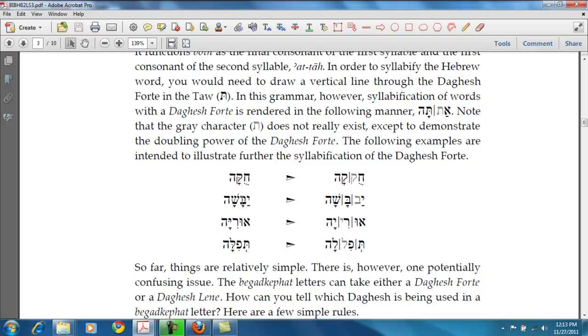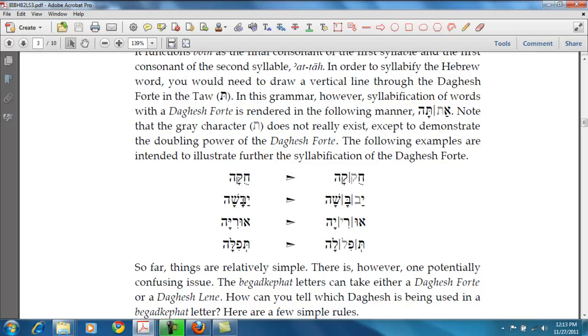So the only ones you have to ask yourself a question on, if you see a dagesh in a begadkefat letter, is: is this a lene or is this a forte? You say, is this a begadkefat letter? If it's a begadkefat letter, then it could possibly be a lene, just a hardening and not a doubling. But the next question you ask yourself is, is there a vocal vowel preceding, usually a short vowel, preceding that consonant with the dagesh in it?